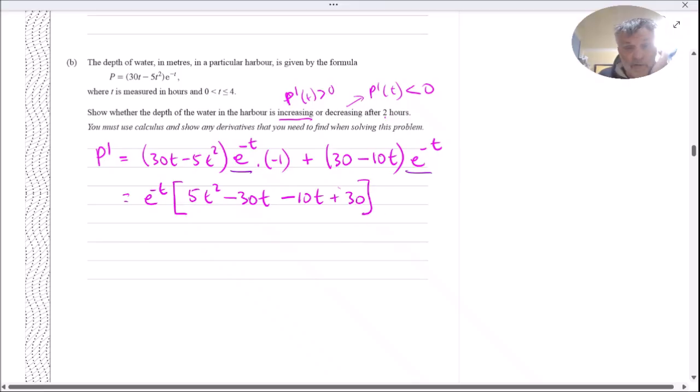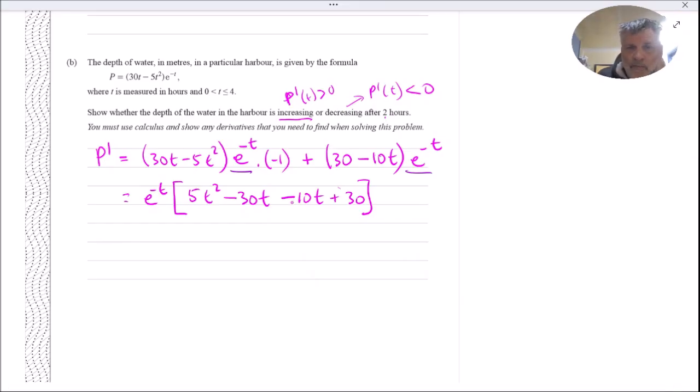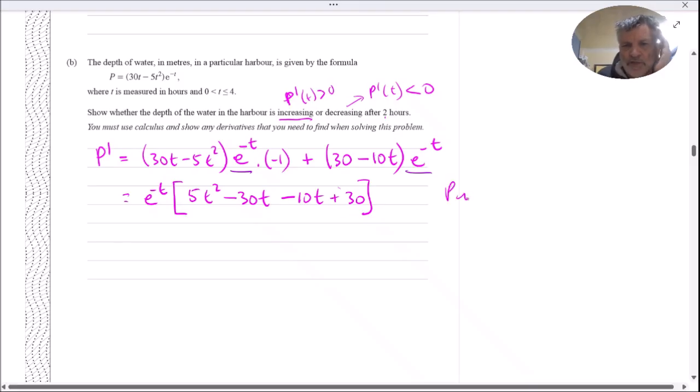You could tidy this up, minus 40t, but the key thing is we're only interested in whether this is increasing or decreasing. You could put t equals 2 into your calculator and get a solution.